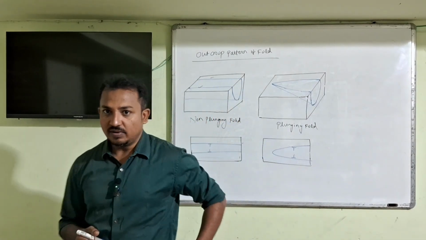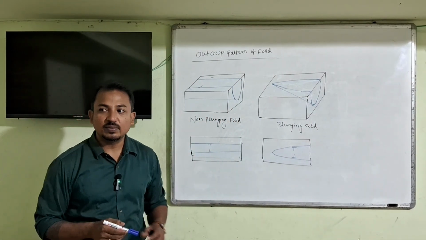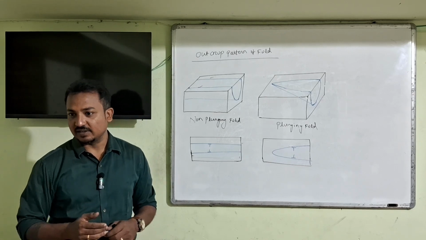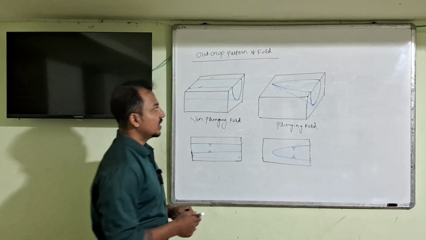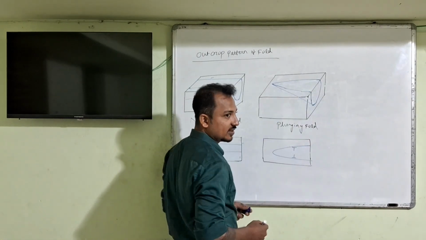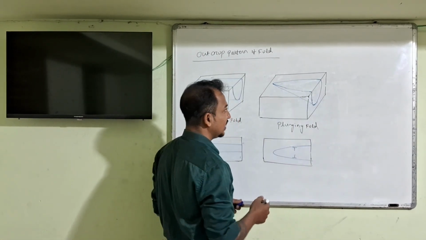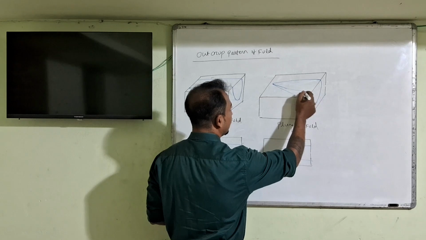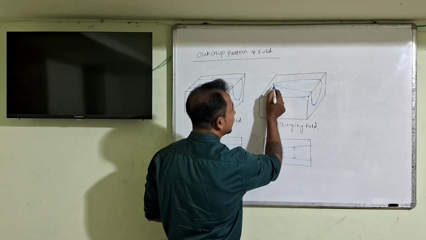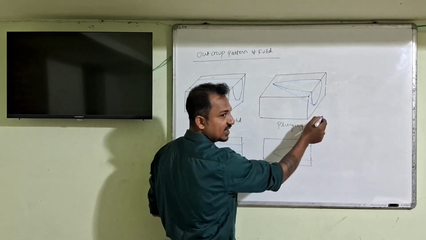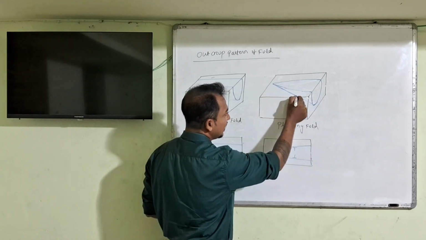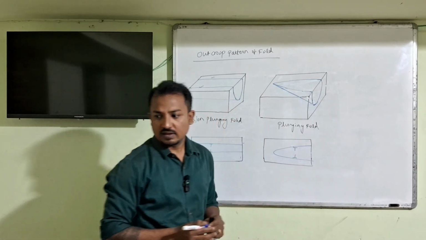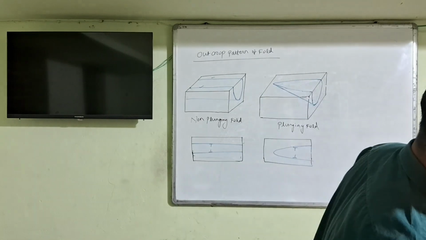And in a plunging fold, we have to show the plunging direction. So here, it is a syncline. In a syncline, this is the fold axis or hinge line.